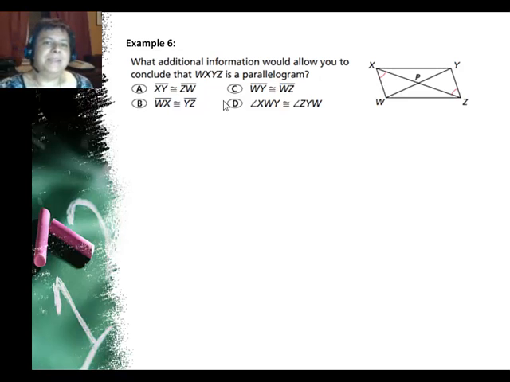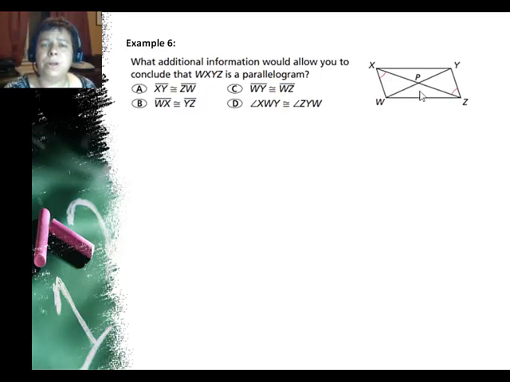Last but not least, example 6. I'm sure you've seen questions like this a lot on your test. What additional information would allow you to conclude that this is a parallelogram? Now you can see that you have XW and YZ. First of all, they gave you these angles right here.